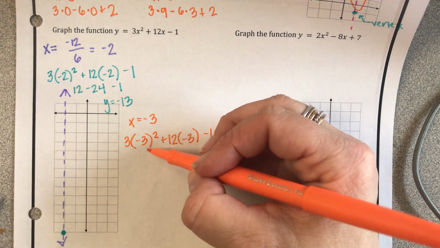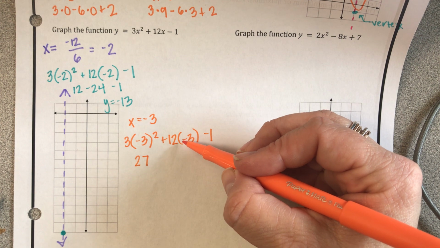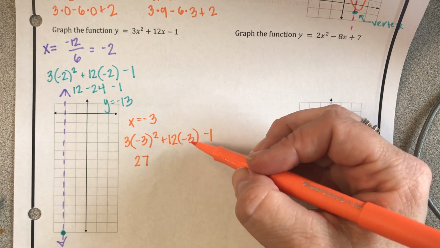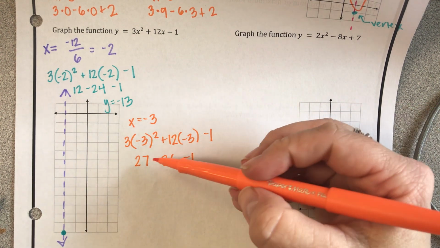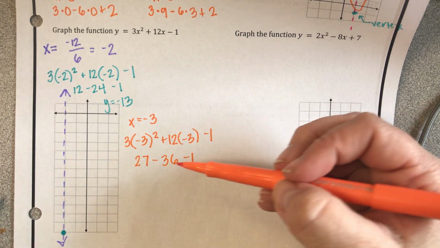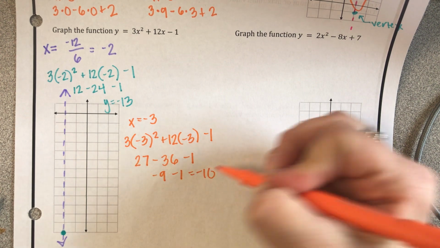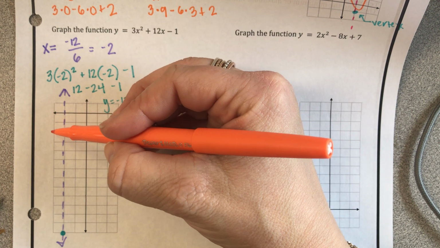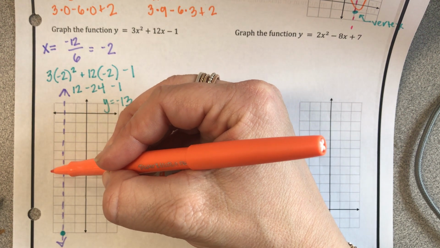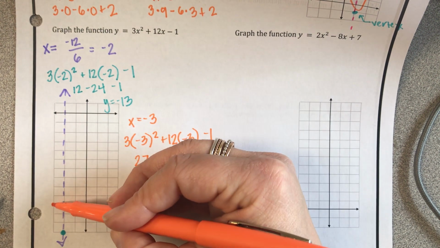So negative 3 squared is 9. 9 times 3 is 27. 12 times negative 3 would be minus 36, minus 1. 27 minus 36 is negative 9. Negative 9 minus 1 is negative 10. So when I put in negative 3, I got out negative 10. And remember, it's going to mirror on either side.